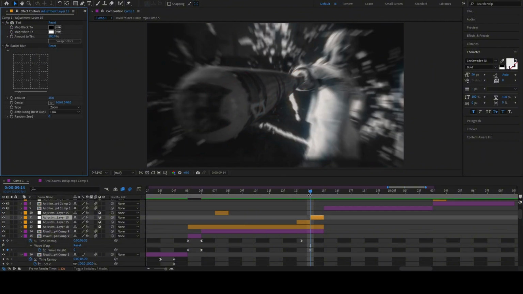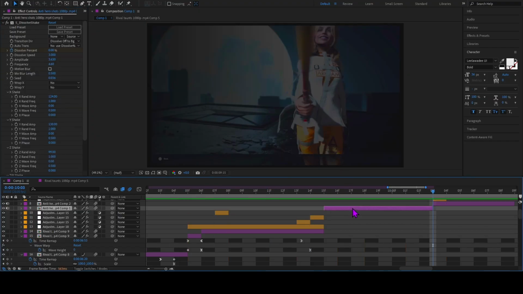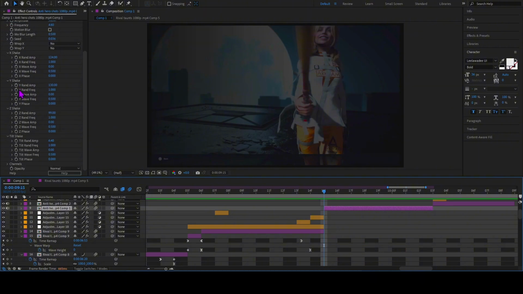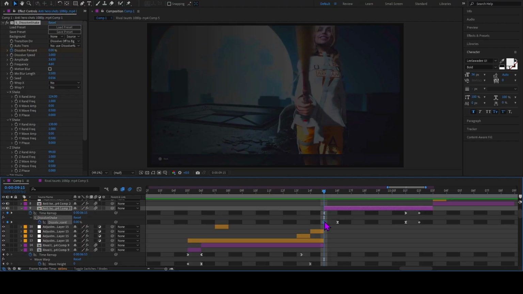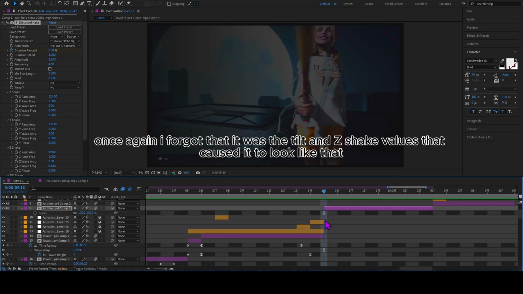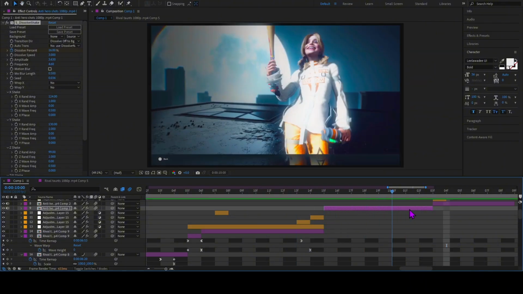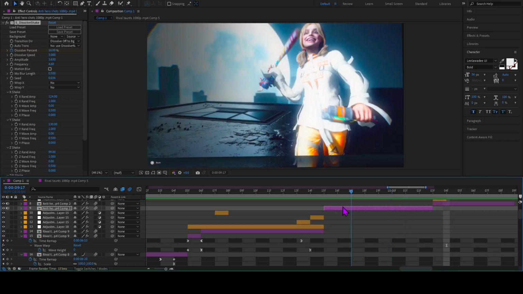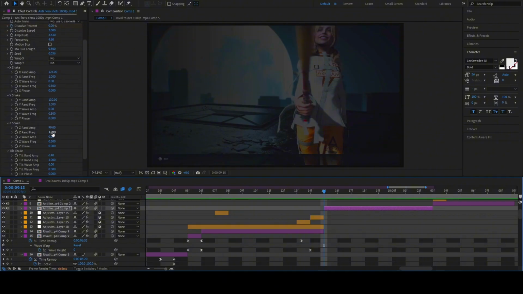And then yeah, that's really just about it. So here it was just dissolve shake. That's all it is, with a scale. Wait, no, I don't even think I had a scale on here. Did I? No. Yeah, so it was just purely shakes. Here's the settings, the Z shake, right?